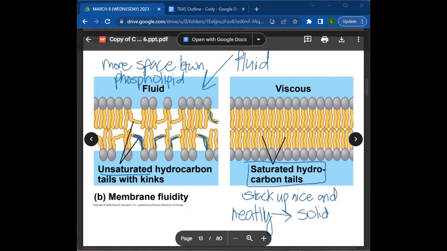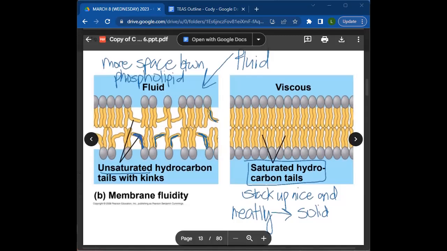And so this means that the phospholipids made up of the unsaturated fatty acids will tend to remain more fluid because those phospholipids can't really get that close to each other. They remain fluid.